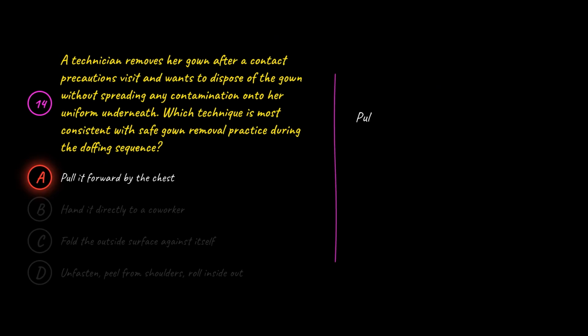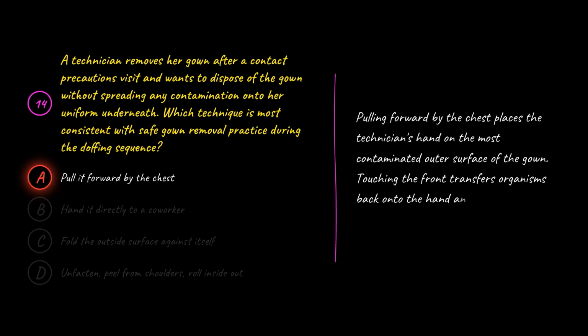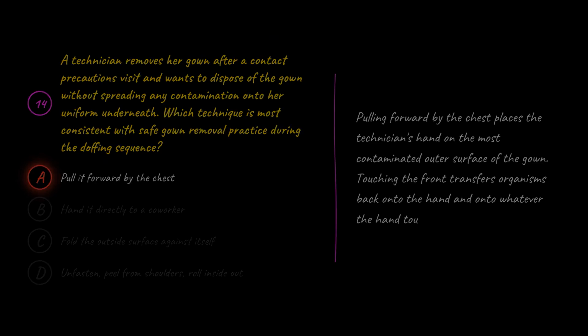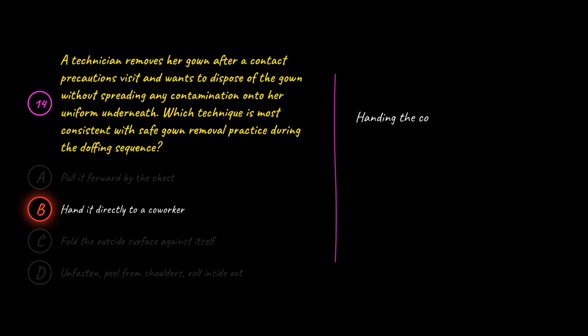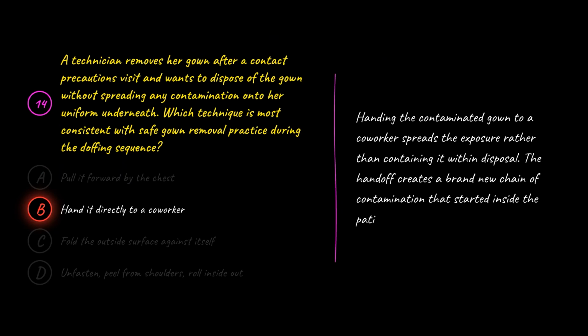A is wrong because pulling forward by the chest places the technician's hand on the most contaminated outer surface of the gown. Touching the front transfers organisms back onto the hand and onto whatever the hand touches next. B is wrong because handing the contaminated gown to a co-worker spreads the exposure rather than containing it within disposal. The handoff creates a brand new chain of contamination that started inside the patient's room.